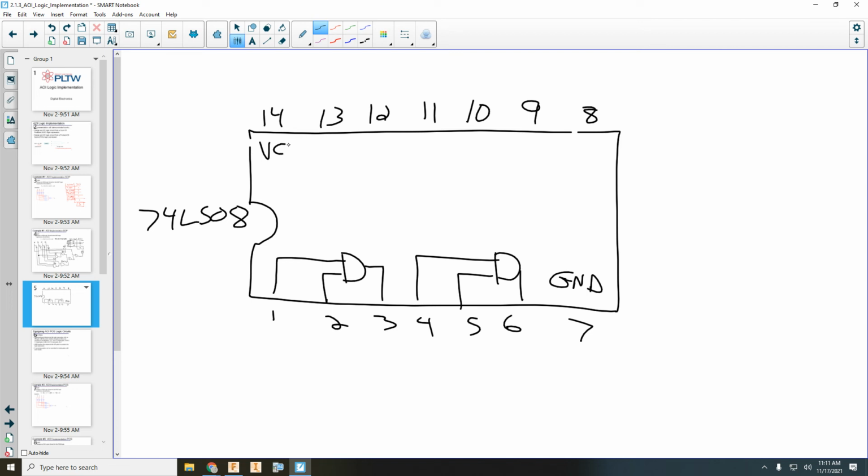So pin 14 gets power, VCC, and it doesn't go in. The inputs go in 9 and 10 and go out 8. So the gates are actually oriented in the same direction. Inputs 12 and 13 go into the AND gate, comes out 11. Okay?